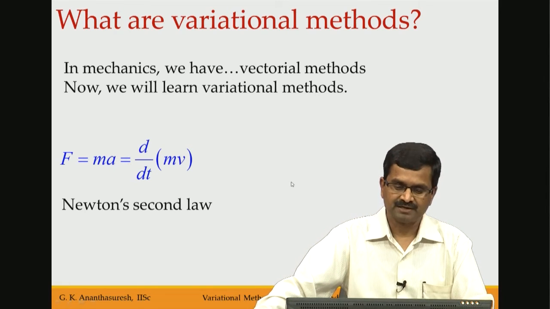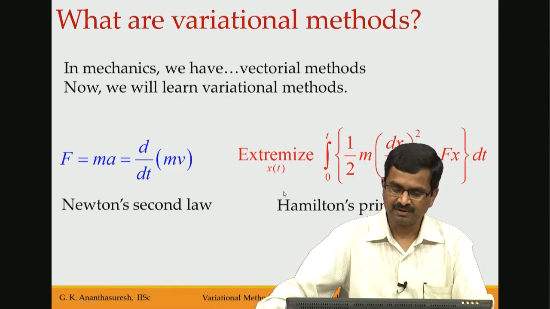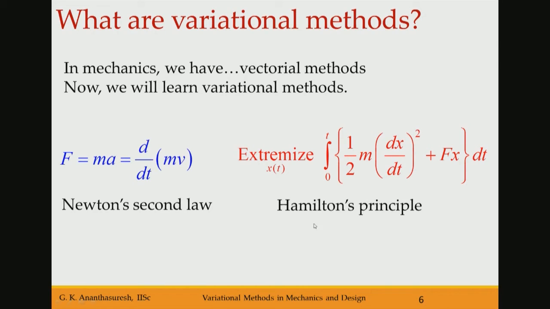As opposed to that, Leibniz and Bernoulli and some of these other people came up with this principle. Later, of course, it culminated in what is called Hamilton's principle, which will give you exactly the same equation. We are extremizing a quantity which looks like this: integral from 0 to t of half m (dx by dt) square plus f x dt, extremized with respect to x of t.